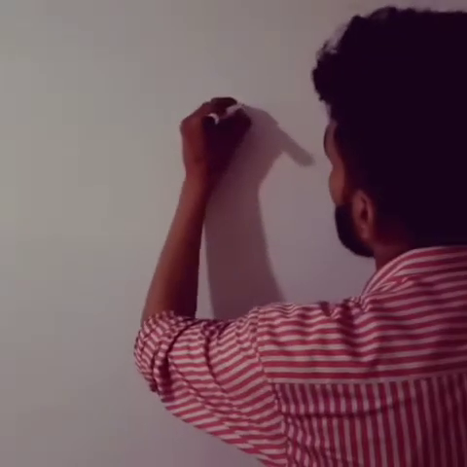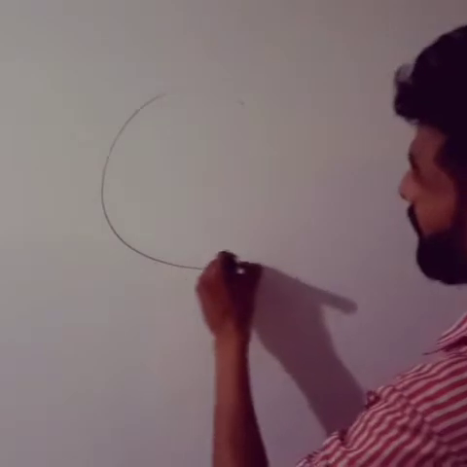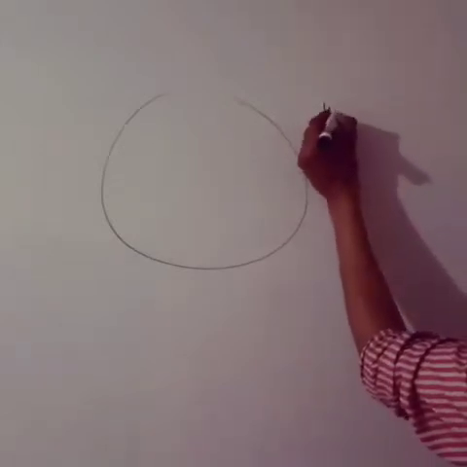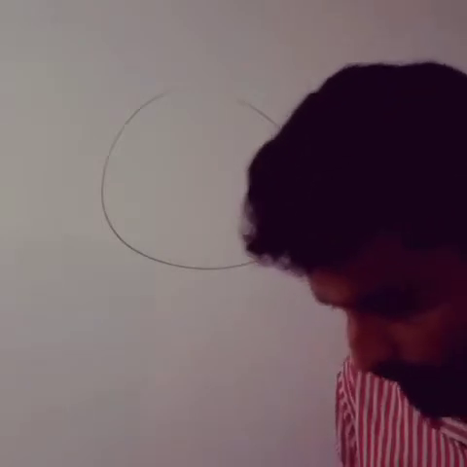Okay, now let's start. As we know, for example, this is a human cell, and in our human cells there are 46 chromosomes.